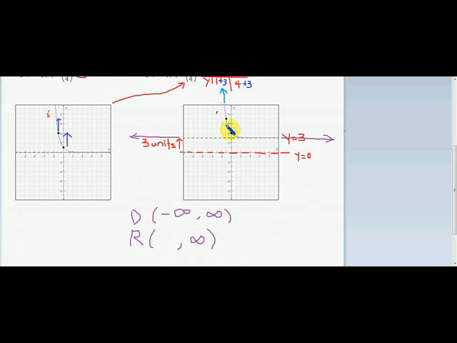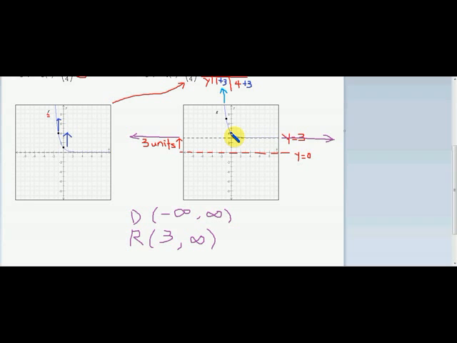However, the lower boundary for the range would be where your asymptote is at, which is 3, right? So you put a 3 here, right? Your y cannot go below 3, right? Because your asymptote is right there. Your y cannot be 3 because your asymptote is here.